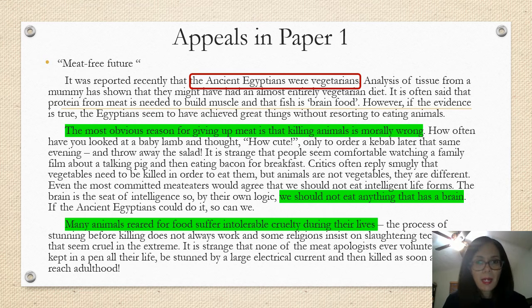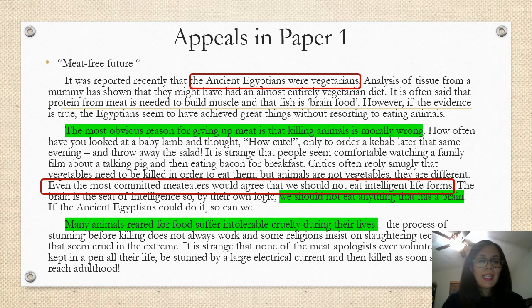Look at the second body paragraph. Even the most committed meat eaters would agree that we should not eat intelligent life forms. If something has a developed brain and it has a complex system of thought, how could we eat it? Notice it's not necessarily wanting to make me feel bad, it's not scaring me, but it's saying it's not right to do it. So what appeal is that? Appeal to values.